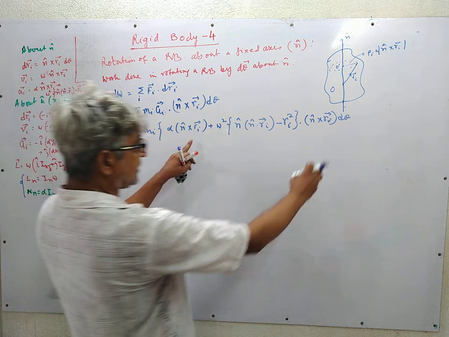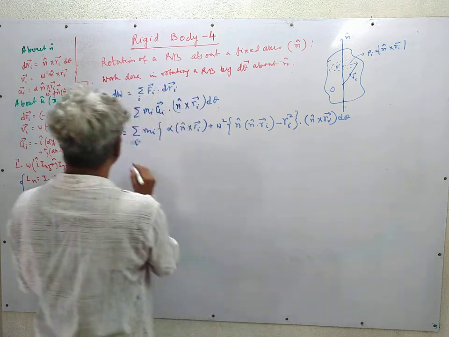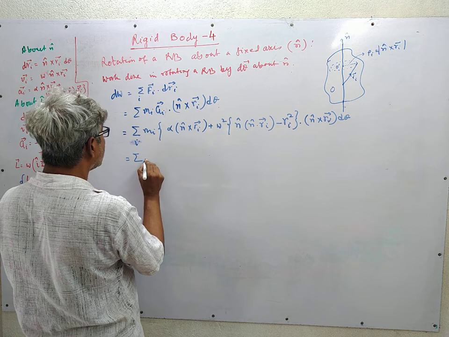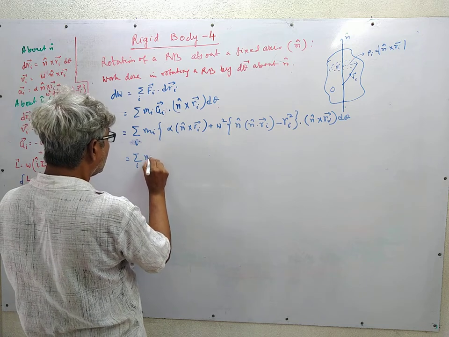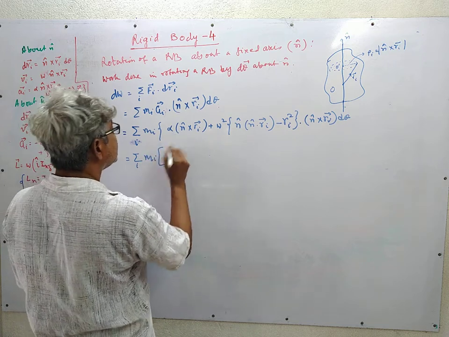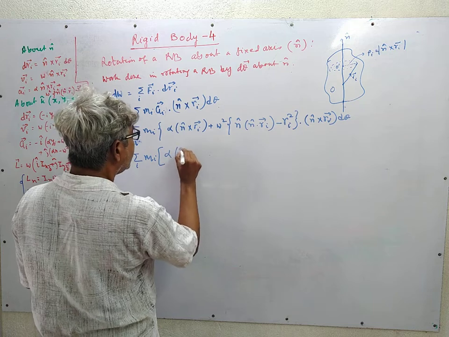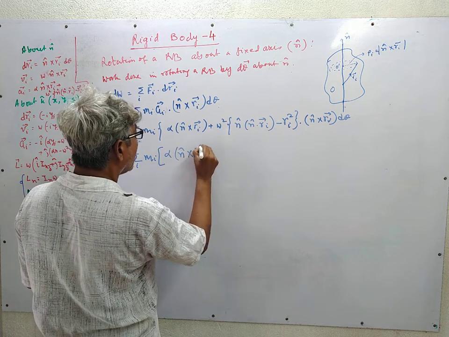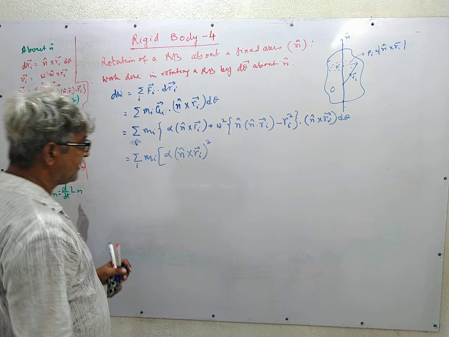We first consider the contribution of this term. So this is summation over i, m_i, this is alpha times n cap cross R_i magnitude square.